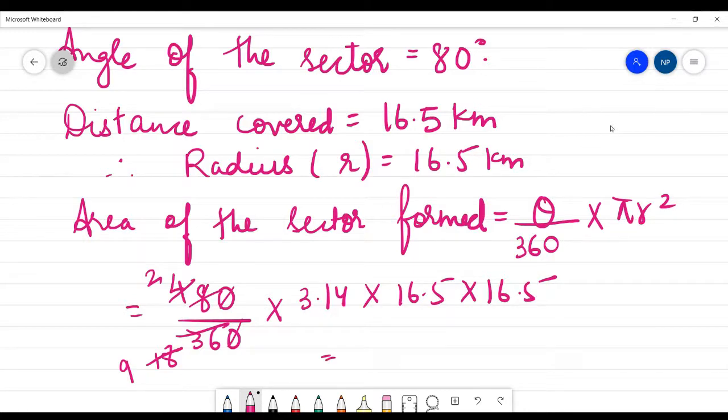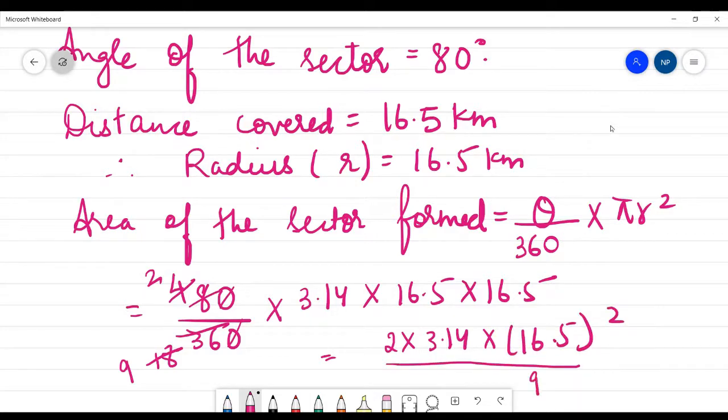We are left with 2 multiplied by 3.14 into 16.5 square divided by 9. Your answer will be 189.97 kilometer square. This completes your question number 12. Please pause it and copy the question. Now let us move on to question number 13.